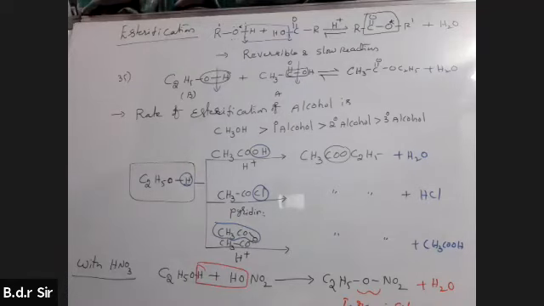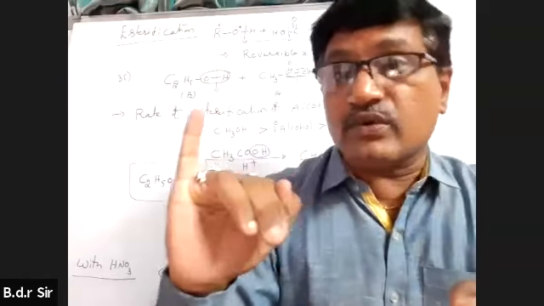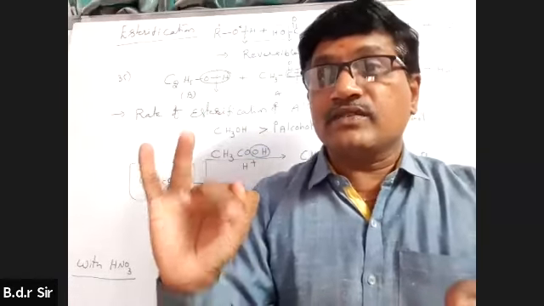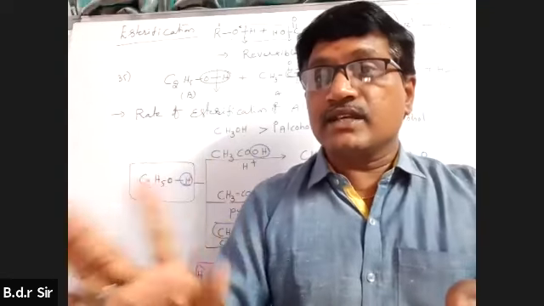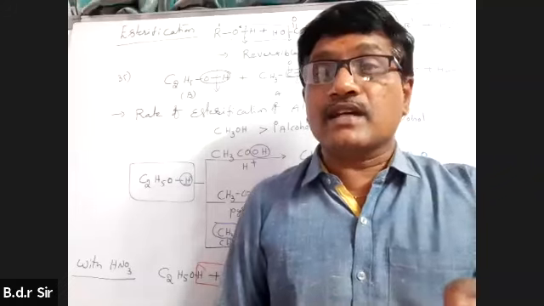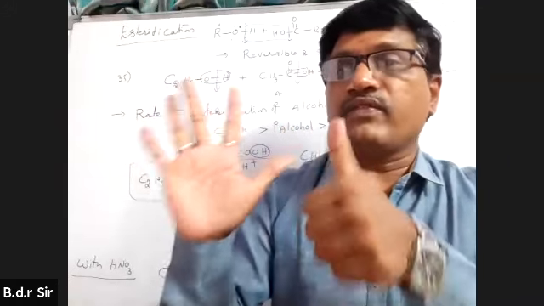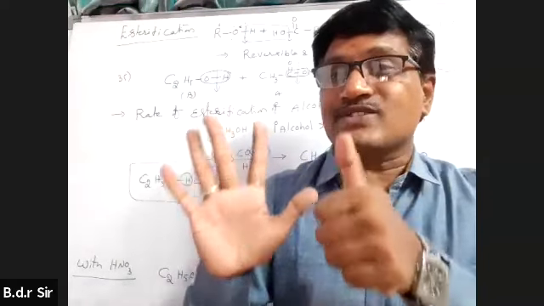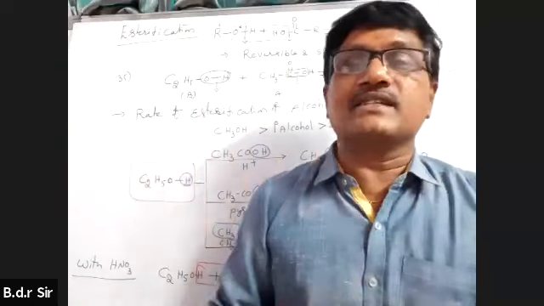Okay, OH bond breaking reactions: one is with sodium, second one with carboxylic acid, with acid halides, with acid anhydrides, with nitric acid. Last one is Grignard reagent. Total 5. I repeat, alcohol acts as nucleophile in the OH bond breaking reaction.